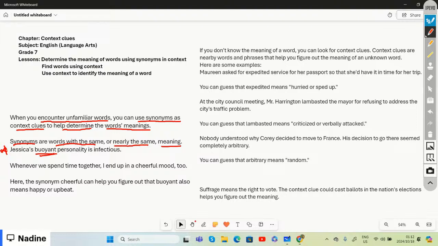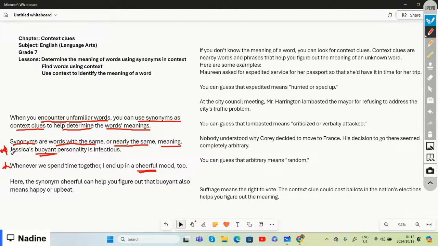Now, if you don't know what buoyant means, look at the next sentence. It says, whenever we spend time together, I end up in a cheerful mood too.